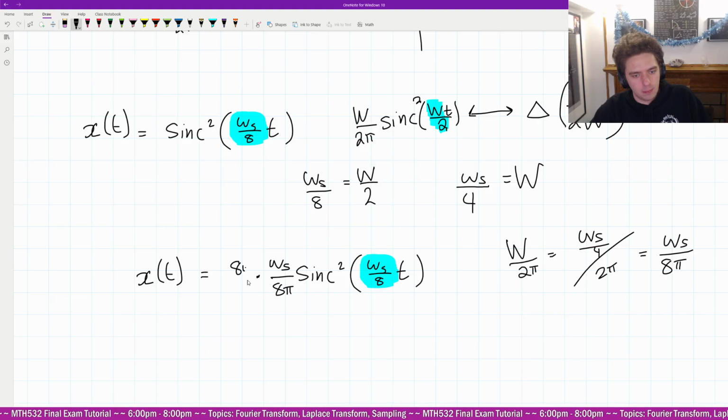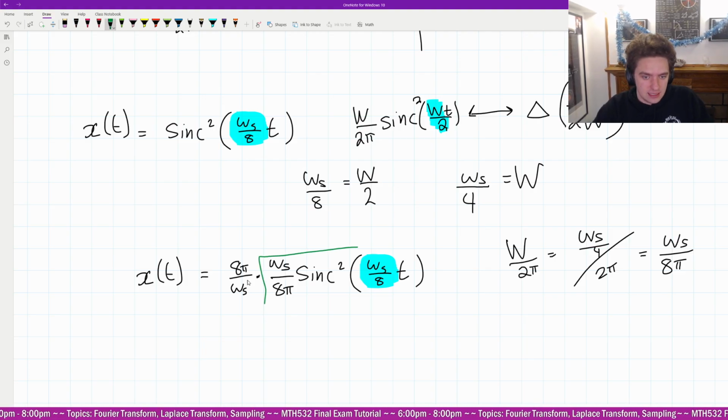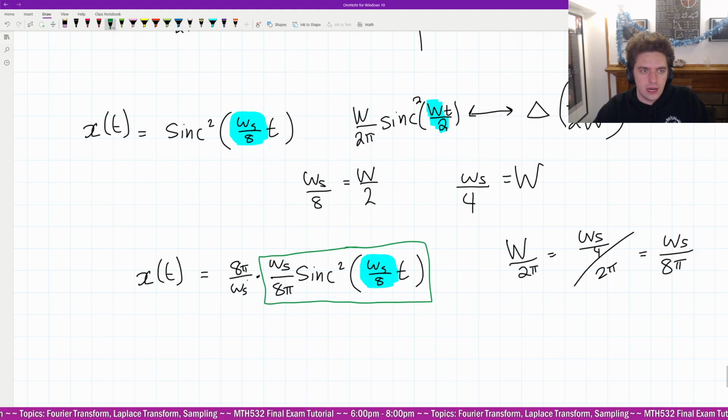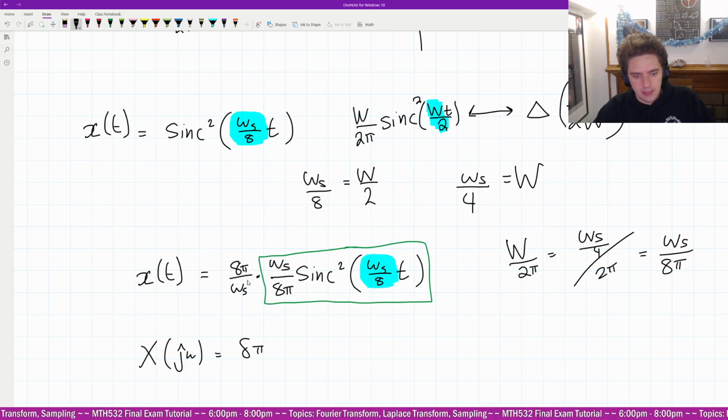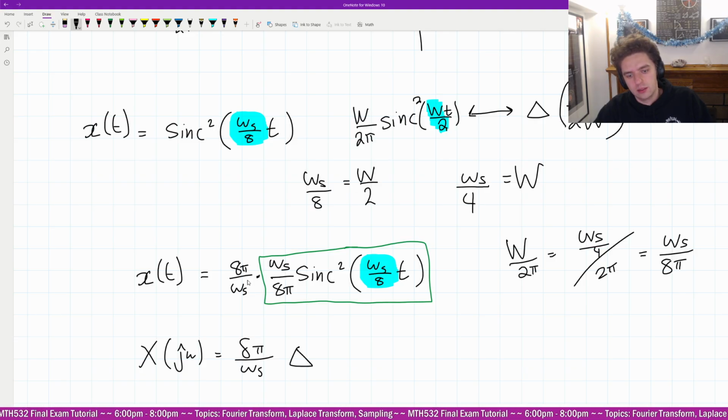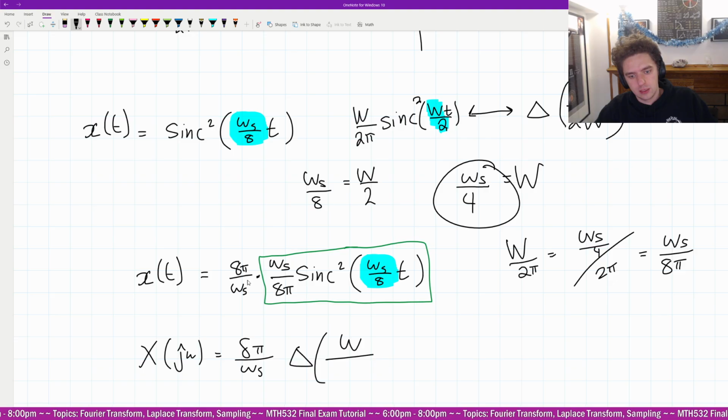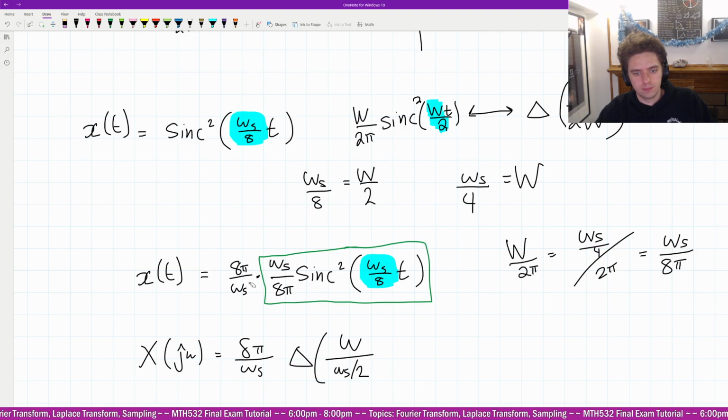So I also have to multiply by 8 pi over omega s, because this is just 1. The whole point is that this will now transform into X of j omega equal to 8 pi over omega s, the coefficient in front, times a triangle of omega over 2W. What was W? Omega s over 4. So it's going to be omega s over 2, because 2 times that is omega s over 2.